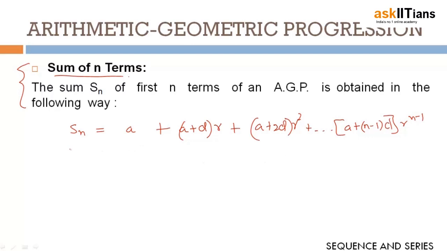Again I write it like this, as we did in the GP. Clearly we can observe that I multiply this by r, and why I am multiplying you will get in a minute: I am shifting one term ahead and multiplying by r.